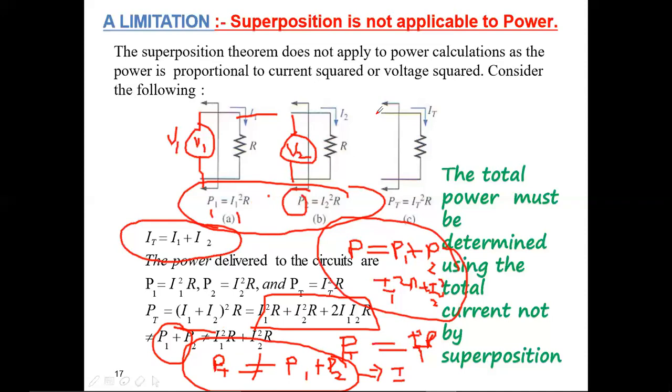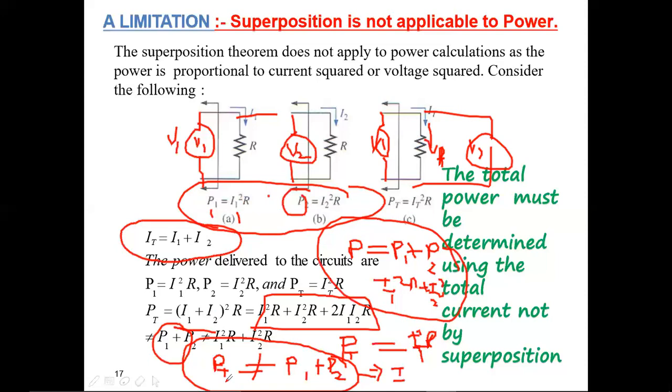But the total power supplied, when you activate these two voltage sources V1 and V2 together, is PT equals IT square R. If you want to measure PT by using P1 and P2, it does not satisfy PT equals P1 plus P2.